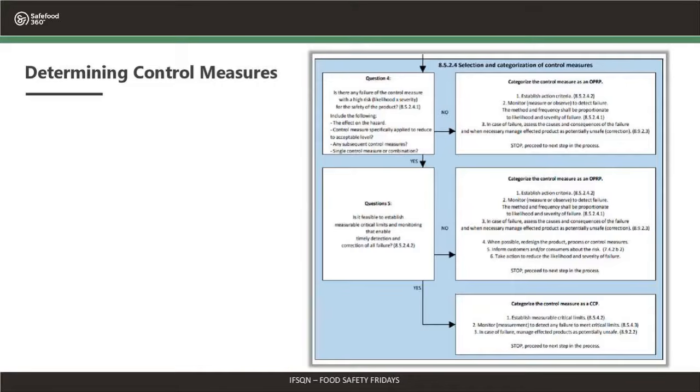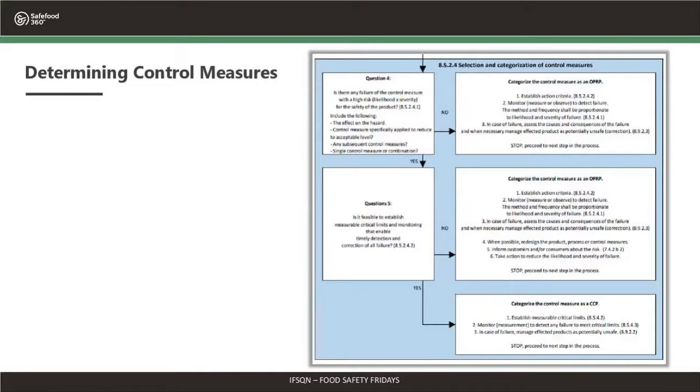And question 5 is: is it feasible to establish measurable critical limits and monitoring that enable timely detection and correction of a failure? If we say no, that we can't establish critical limits and we can't timely detect and correct failures, then this is an OPRP. And if we refer back to the definition, a CCP needs to have a critical limit in place.